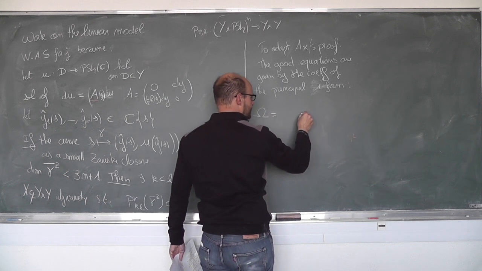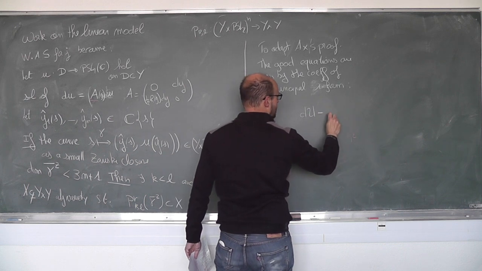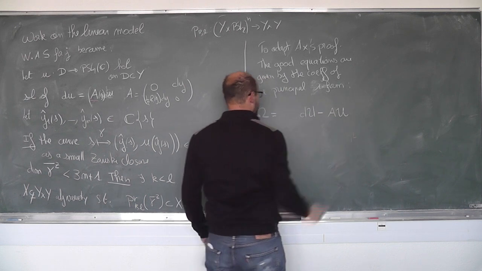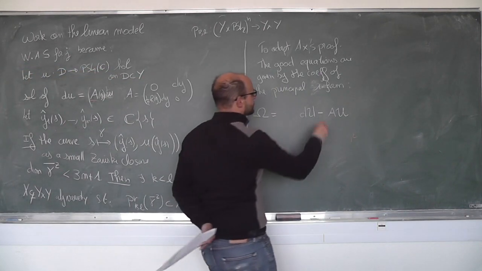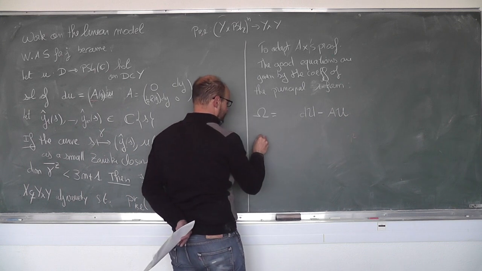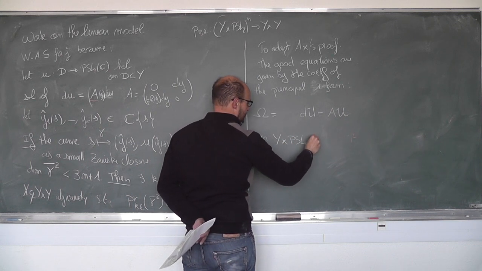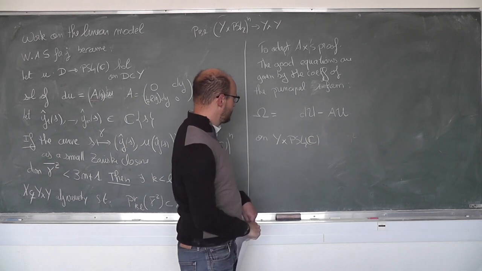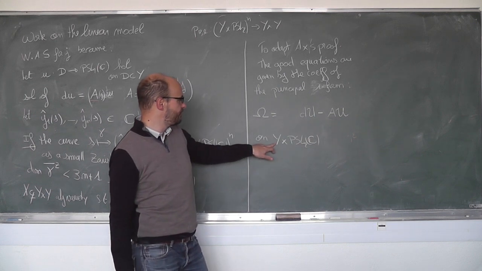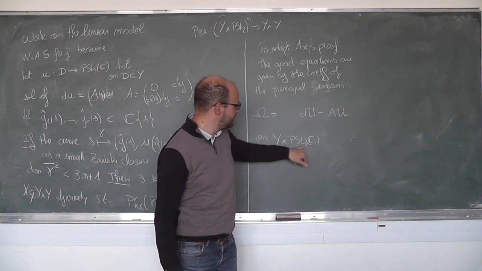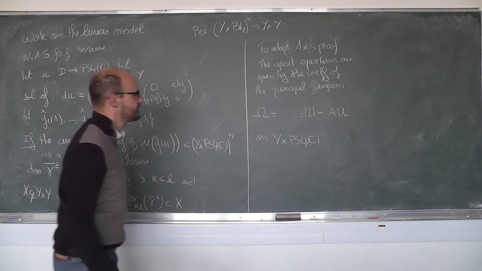So you start with this Pfaffian system here, minus AU, on Y cross this. This is a matrix of one forms in Y, and this PSL2 of C will give you the coordinates here. You have to put it in this matrix form.